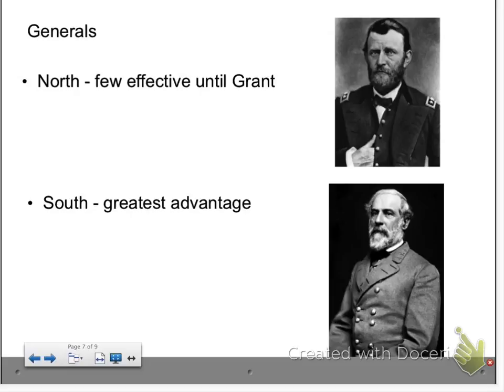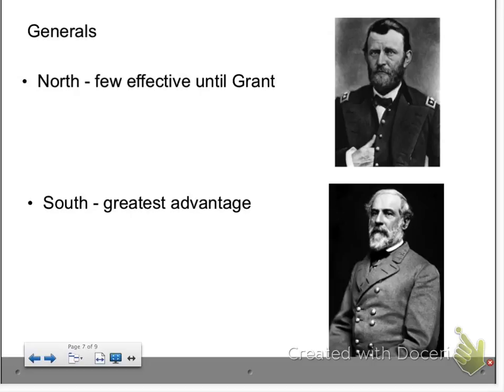These guys were West Point graduates, very brilliant men, a lot brighter than the North's generals. Lincoln actually asked Lee if he would be the Union general. Lee said, I'm against slavery, I'm for your cause, I believe in everything you're fighting for. However, I'm from Virginia, and I have to remain loyal to my state. I cannot leave my state, so I'm going to fight for them.